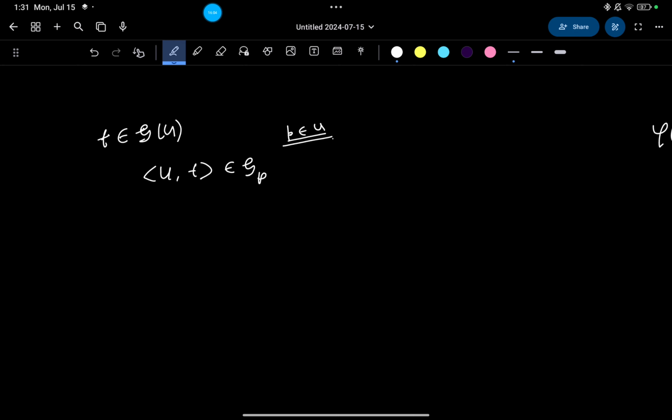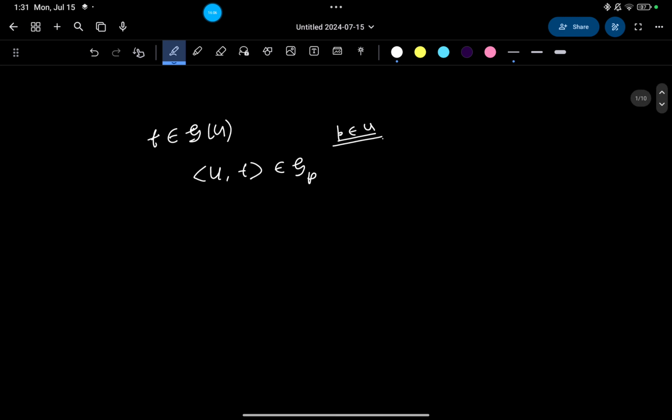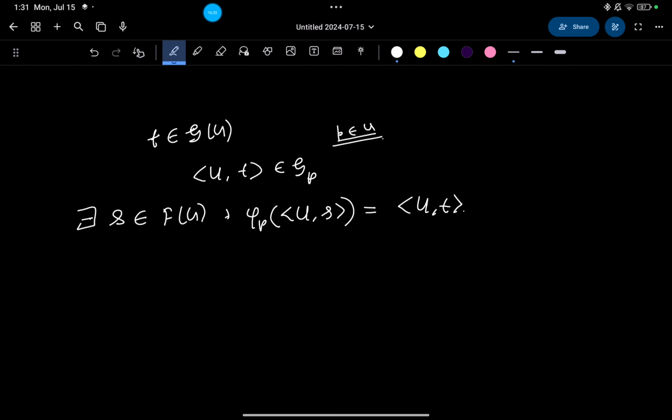Then there exists small s belonging to f of u such that phi p of (u, s) equals (u, t).